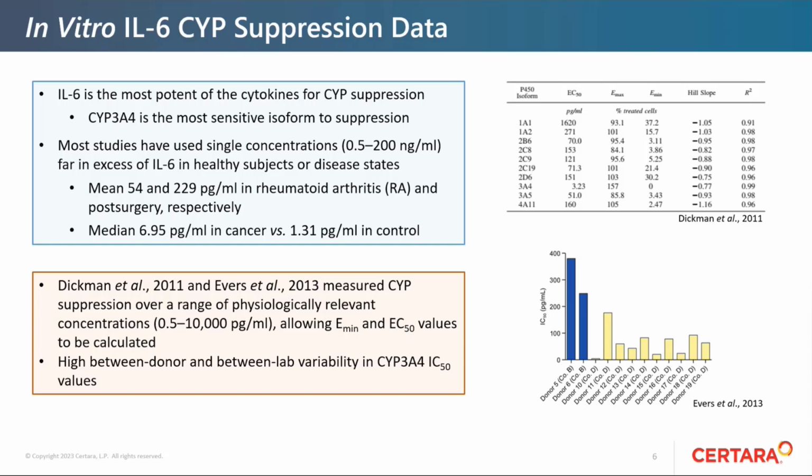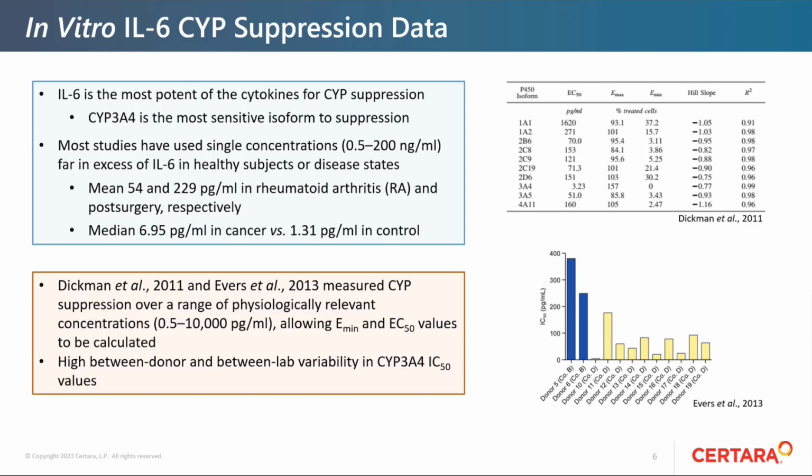For example, IL-6 concentrations of 0.5 to 200 nanogram per mL have been used in vitro, whereas mean values in patients with rheumatoid arthritis or post-surgery patients fall between around 50 to 30 picogram per mL.